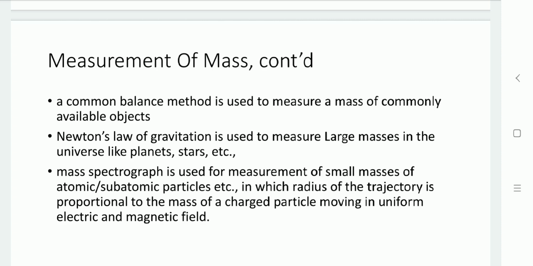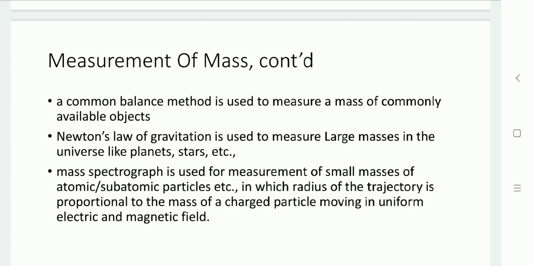Likewise, if we want to measure the mass of small objects, like atomic structures or subatomic particles, for that we use a mass spectrograph, in which the radius of the trajectory is proportional to the mass of a charged particle moving in an electric and magnetic field.